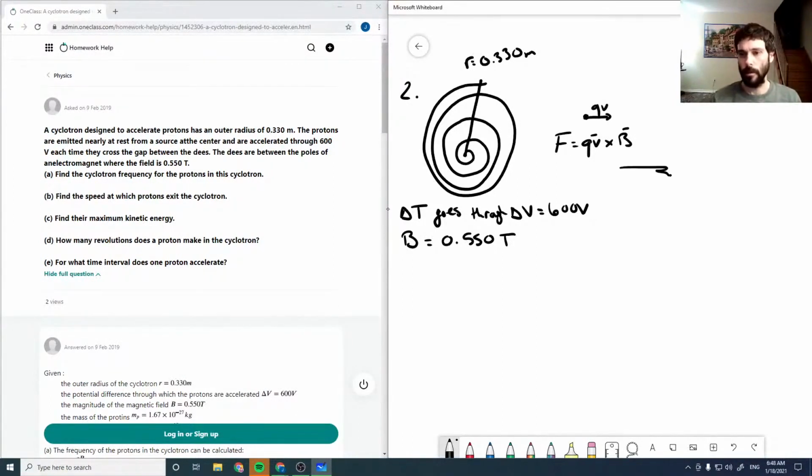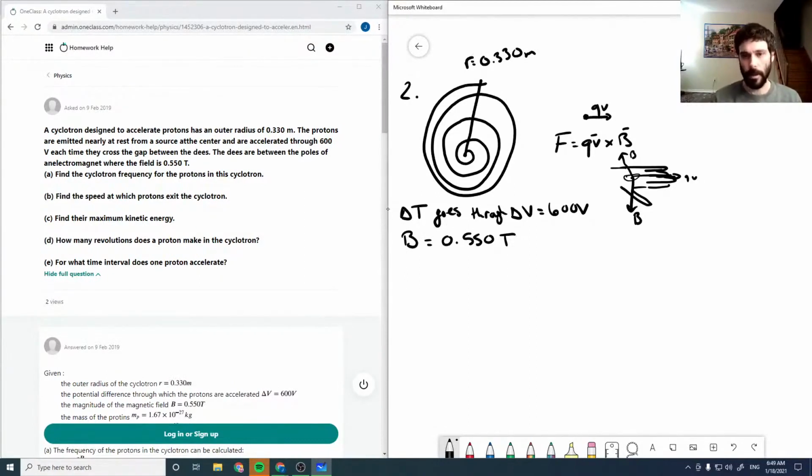So our fingers in the direction of QV, our palm in the direction of the B field, and then our thumb points in the direction of the force. So that's what's giving us our circular motion. In this case, I drew it this way, and if it was wrong, then the spiral would just be the other way.